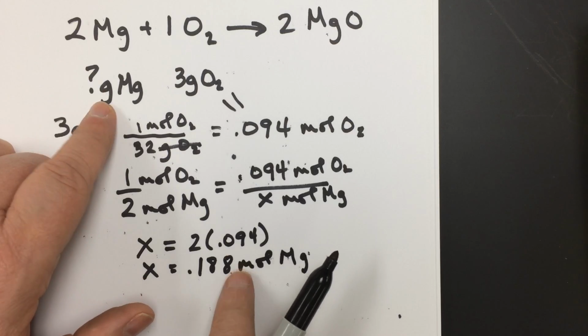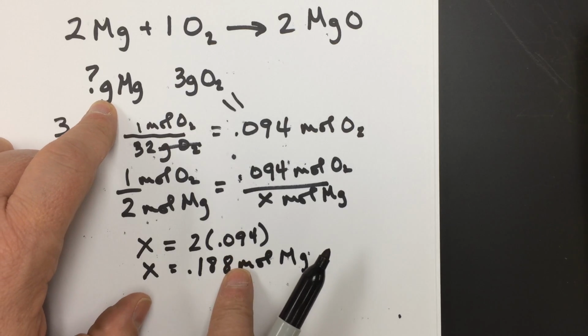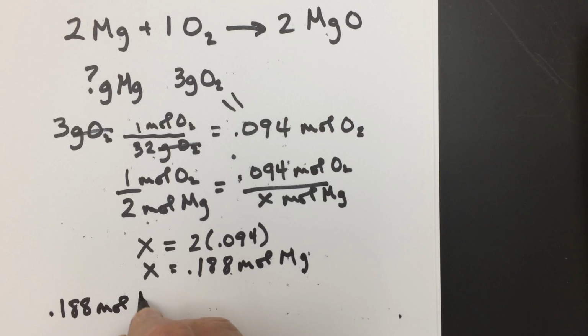So I need to go back to the periodic table. Okay, I just took a field trip to the periodic table, and I found out that, so let's start with what we have. We have 0.188 moles of magnesium, and you see I have moles, so I'm going to cancel.